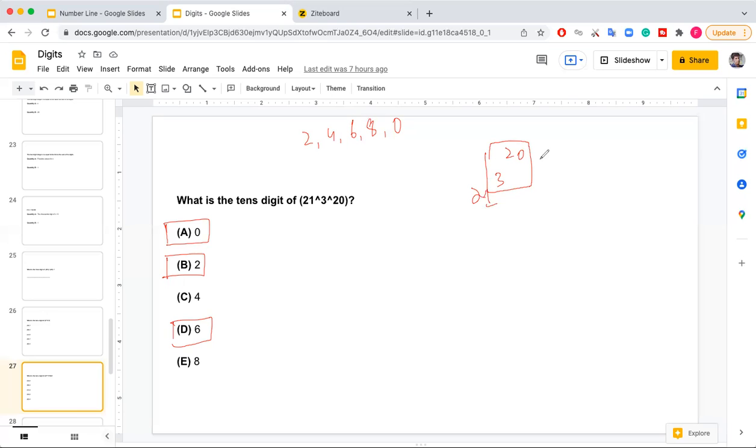So first tell what is the cyclicity of 3 for unit digit? 3, 9, 7, 1. And if we have 3 power 20, what is unit digit for that? That's 1. So actually we have 21 to some power ending in 1.